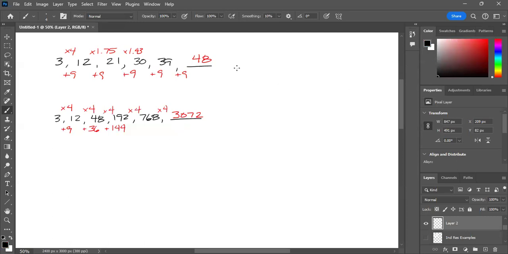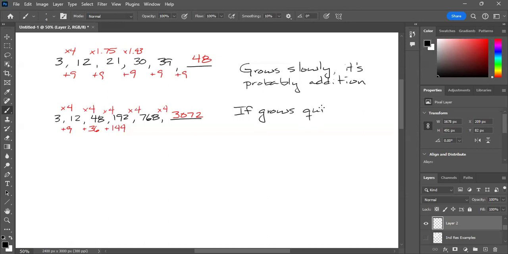That is likely the next number in that pattern. Now, I do want to point out that if it grows slowly, as our first one did, it's probably addition that is the pattern. Notice this second one grew quickly. So we could say if it grows quickly, it's probably multiplication.